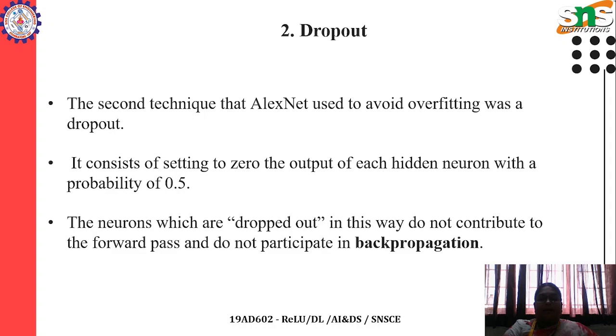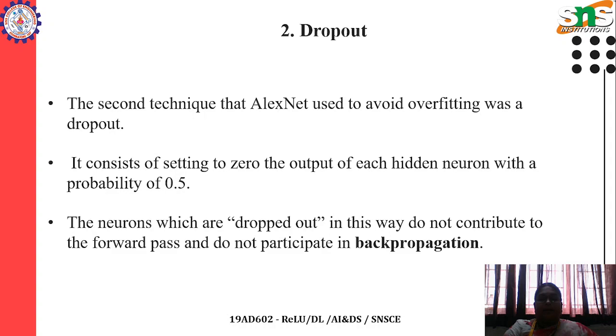Neurons that are dropped out do not contribute to the forward pass, which means they do not transmit data from one convolutional layer to the other, and they do not participate in back propagation. We may get some error data during the transmission, so we need to back propagate the error, add a new weight, calculate again, and propagate it.